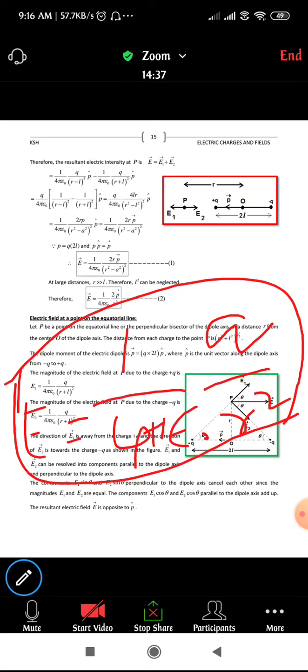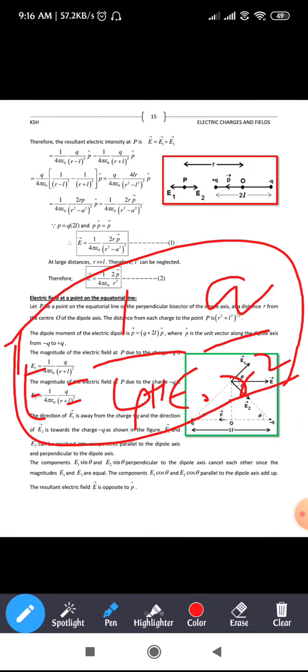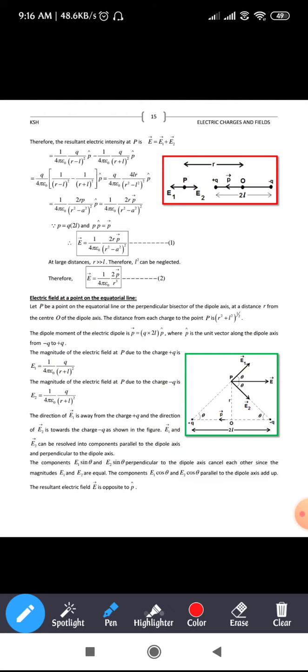If 2l is the distance between the two charges, what will be the distance from the center of the dipole to the positive charge? Obviously it should be half, right?